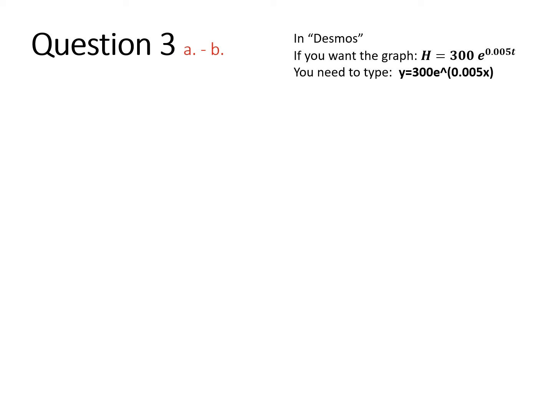So if you hold the Shift key down and press 6, you should get a little hat, which basically means to the power of. And I think in Desmos it automatically jumps so your typing goes straight into a power. So type it carefully. I would certainly use brackets around the whole power. So I've got e to the power of bracket 0.005x. Well, when you do that, when you plot the graph, this is the graph you get.